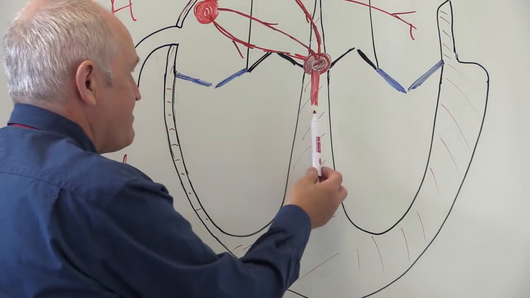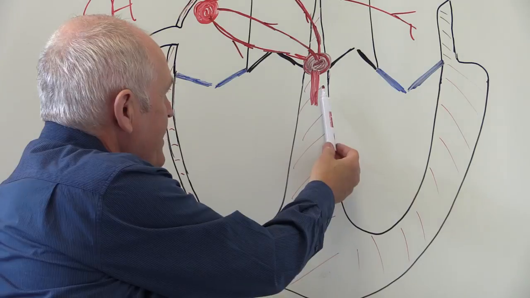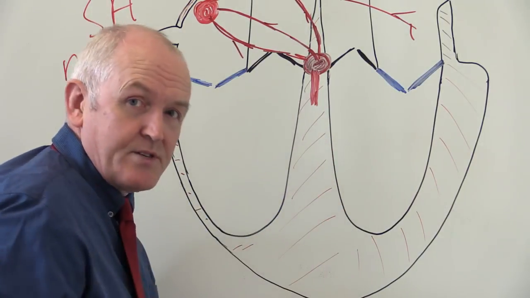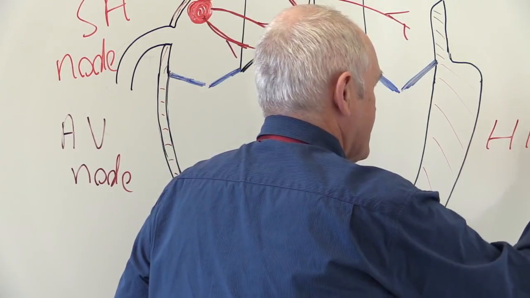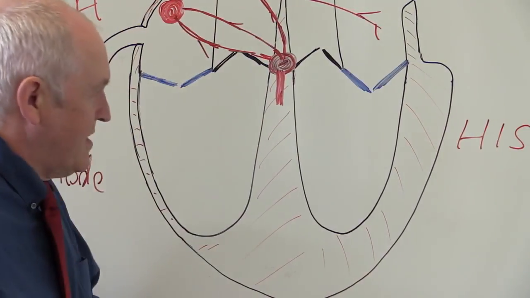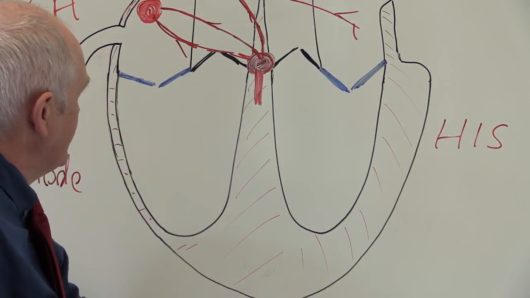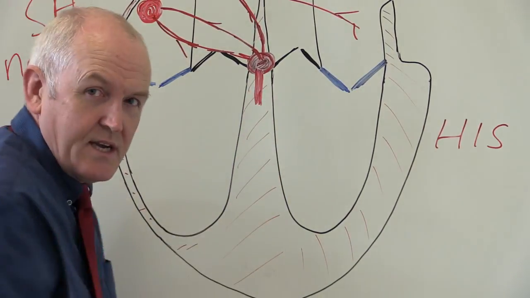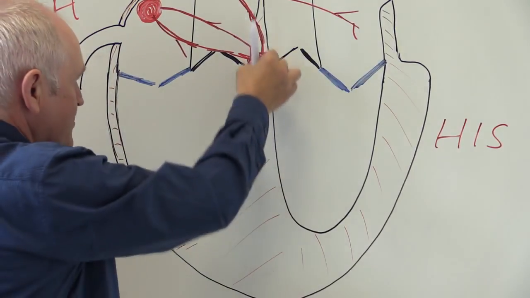And the impulse here is transmitted very quickly. And this is called the atrioventricular bundle, or in the old days we used to call it the bundle of His, presumably after the guy that discovered it. But these days we normally call that the AV bundle or the atrioventricular bundle, taking the impulse down the way.